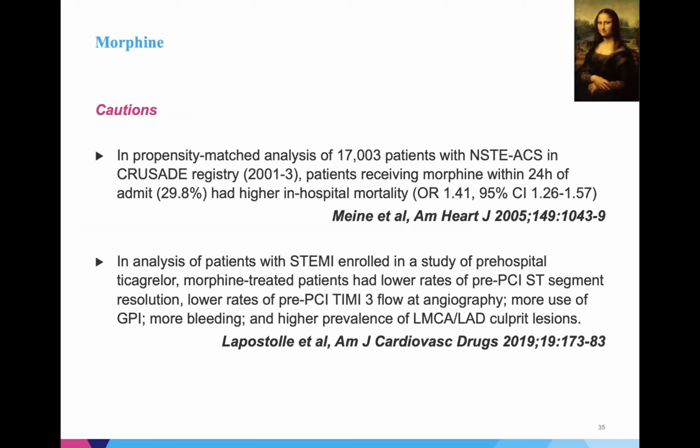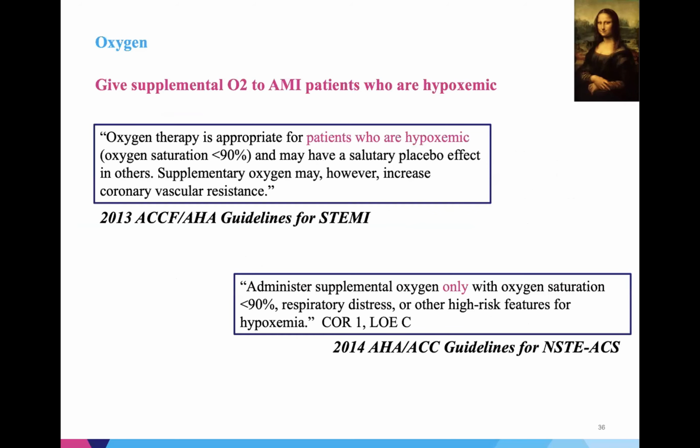In STEMI patients, again, there's some concern that in ticagrelor-treated patients, morphine may adversely affect the pharmacokinetics or pharmacodynamics of ticagrelor. And indeed, patients had lower rates of pre-PCI normal blood flow at angiography. And the hypothesis was that this could be representative of less efficacy of the antithrombotic therapy. So take some caution in use of morphine unless there's a very, very good reason for it.